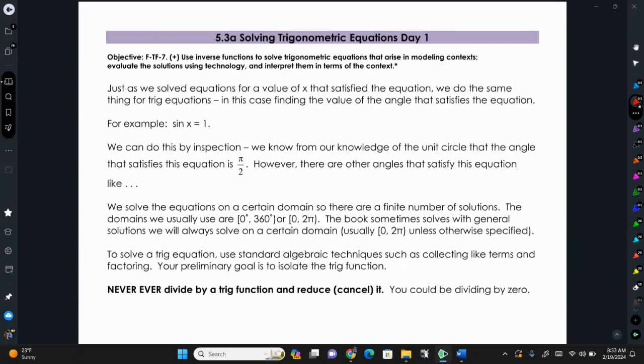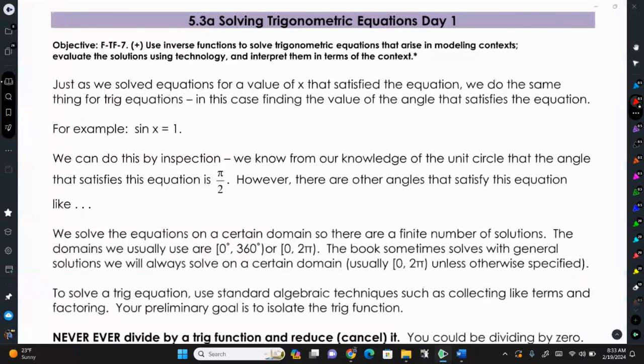And when we talk about trig equations and solving them, we're going to need to know that unit circle inside and out, because there's going to be a lot of times where we're going to say, okay, well, on the unit circle, when is cosine equal to this, or when is sine equal to that? And if you don't know that unit circle, that's really going to be difficult for you.